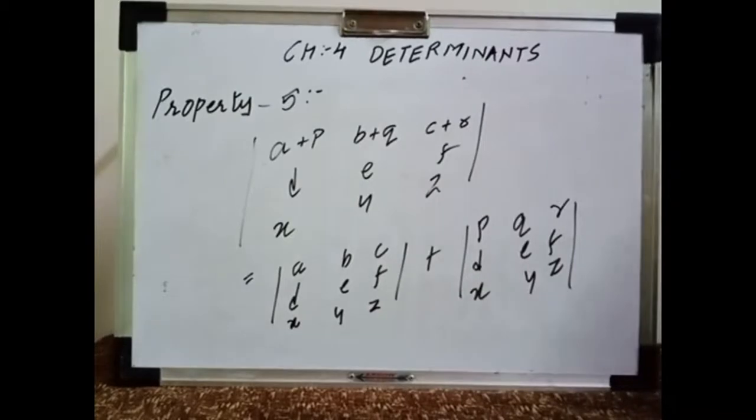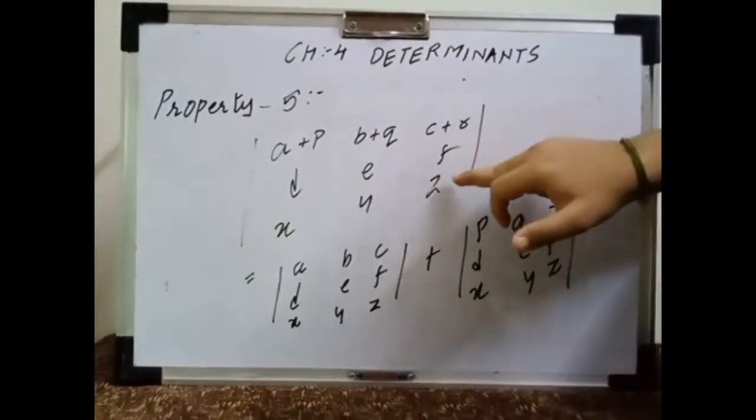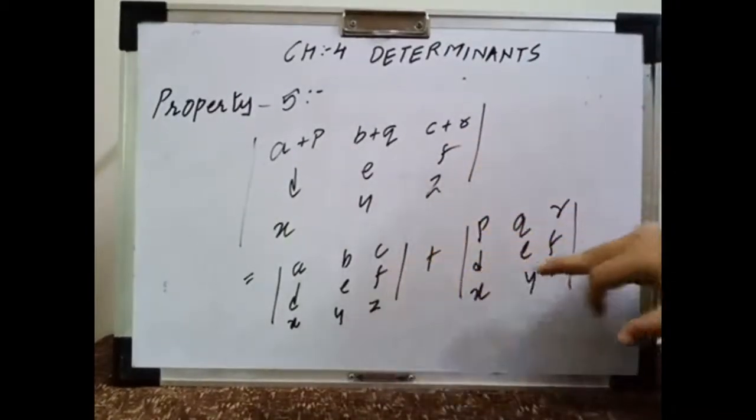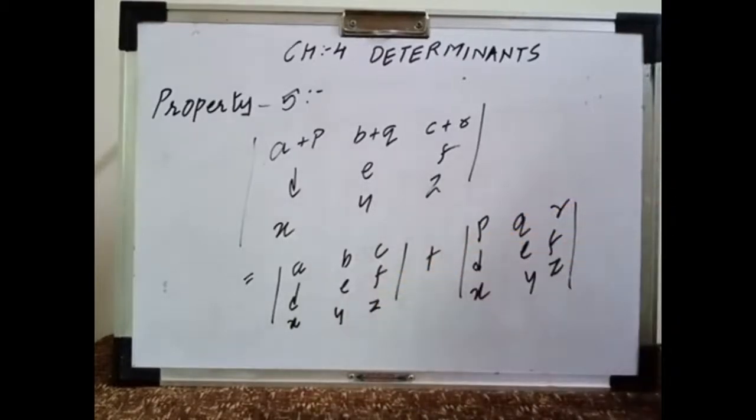You can see that row 2 and row 3 are the same in both of these determinants, only their row 1 is different. Reverse is also possible.